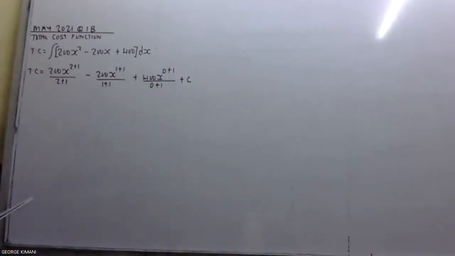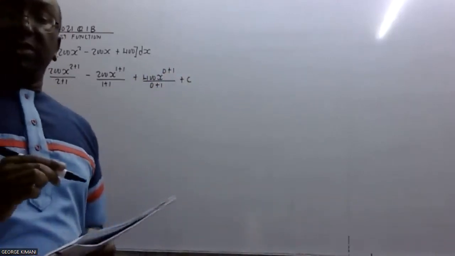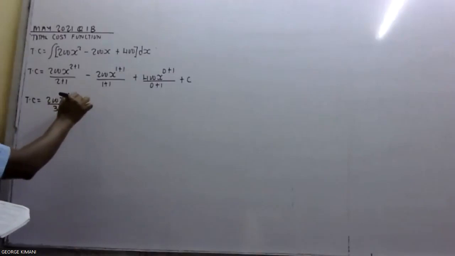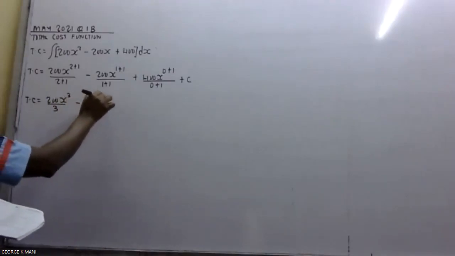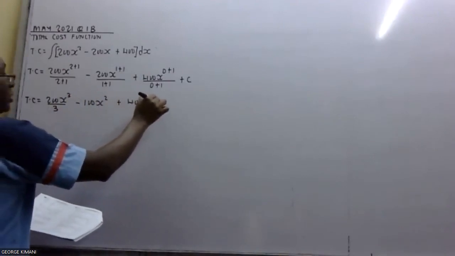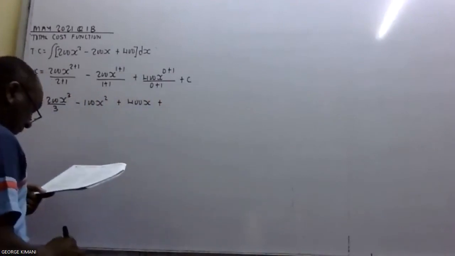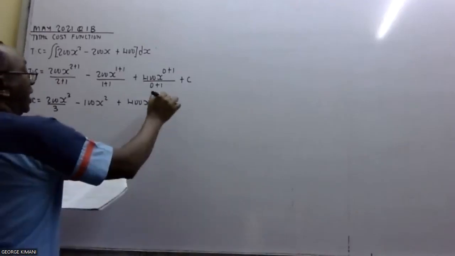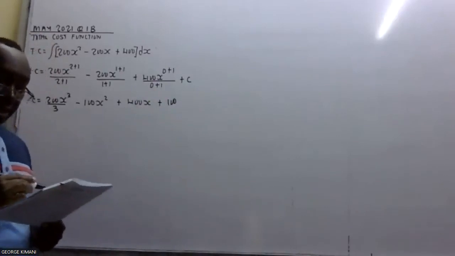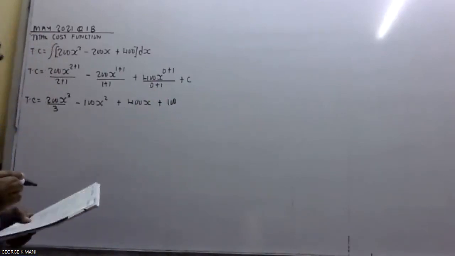You add C, the constant of integration, and this settles as 200x cubed over 3 minus 100x squared plus 400x plus 100. The fixed cost is 100.